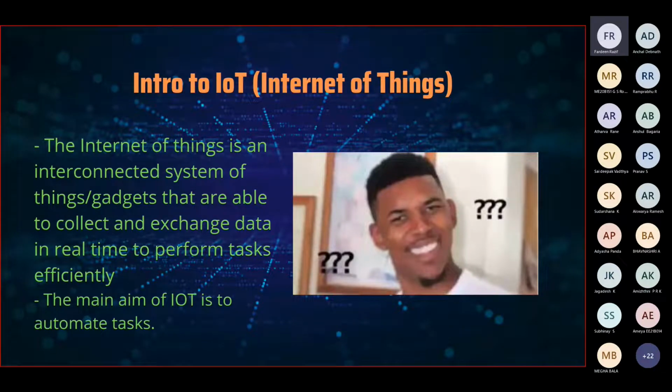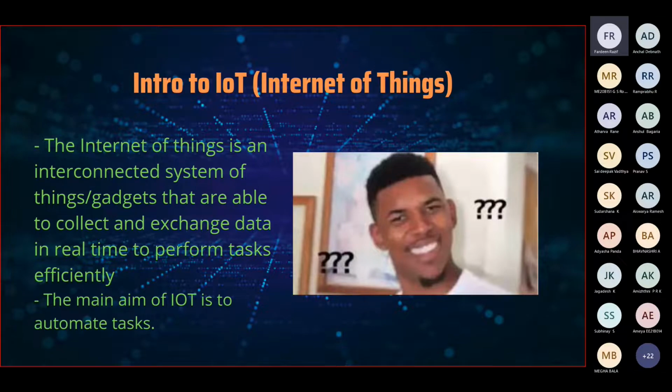Suppose you want to turn on your light with Alexa: using your voice, you can communicate with Alexa, and Alexa will also be connected to your home appliances. Because of this connection, you will be able to do your tasks more easily. The main aim of the IoT industry is to automate tasks and make consumer life more and more easier. So this is what IoT basically means.